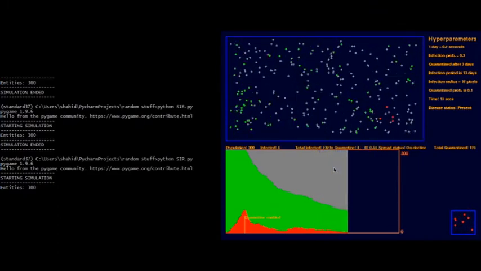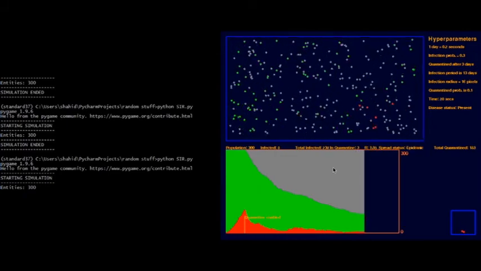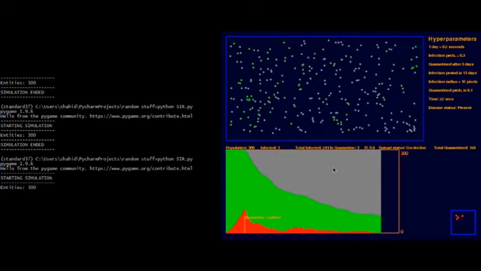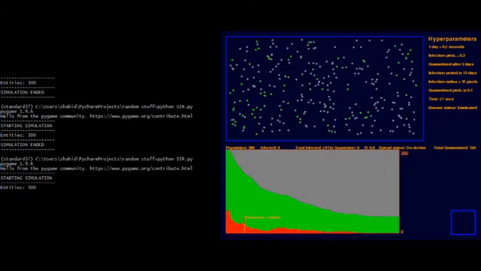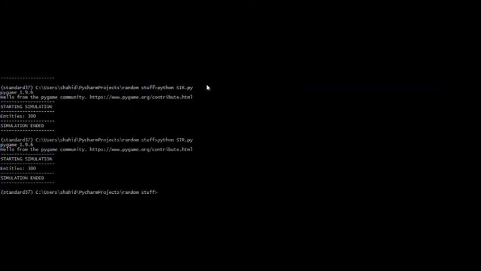That's a common trend. The fewer people are quarantined, the longer the tail will be, and the longer the epidemic will last. There's one more key takeaway, and that is that the quarantine definitely helps.